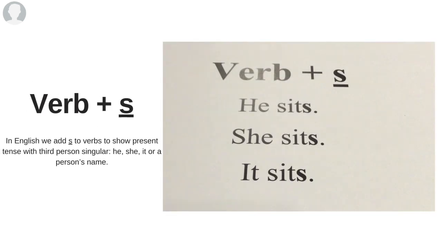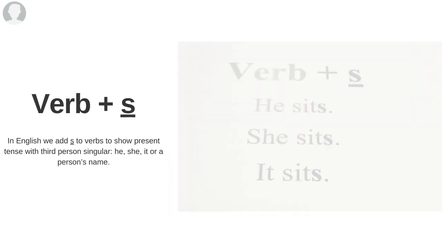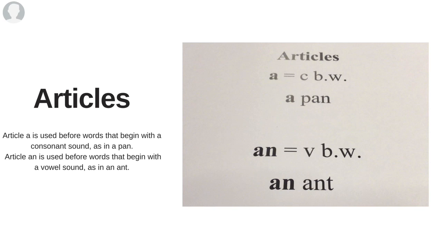Verb plus S. In English, we add S to verbs to show present tense with third person singular. He, she, it, or a person's name.